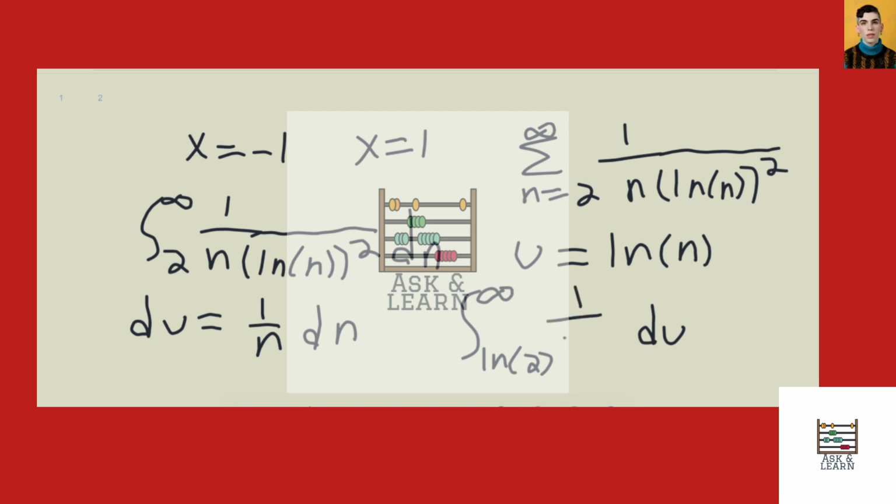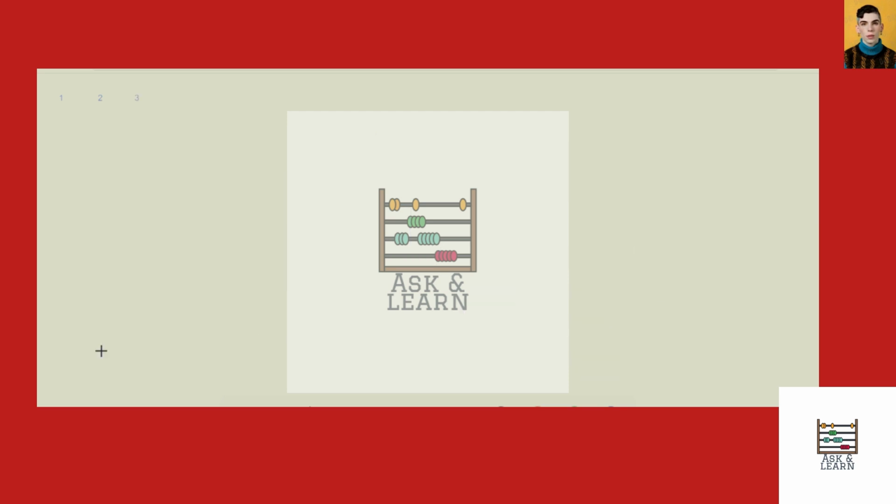So here we just have 1 over u squared. 1 over u squared is just u to the minus 2. So if you write it like that, it might be more clear how you evaluate this. We just do the power rule for integrals. So this is going to turn out to be minus 1 over u evaluated from natural log of 2 up to infinity.